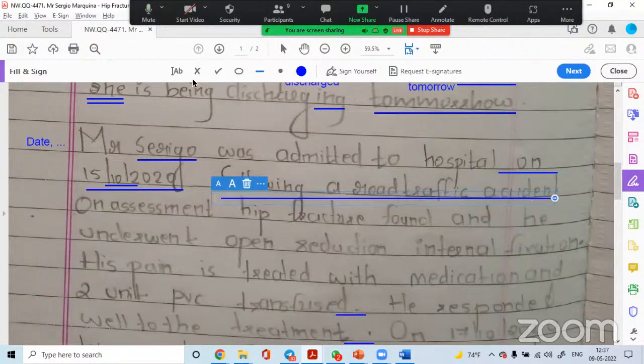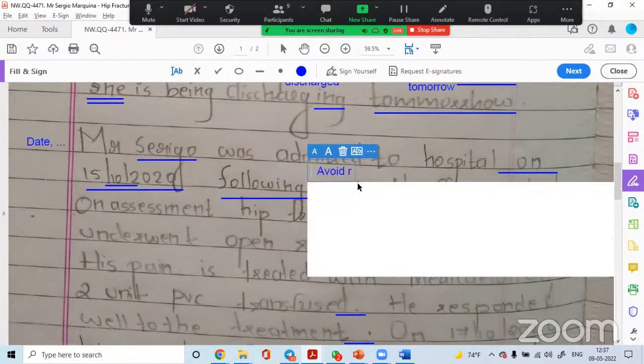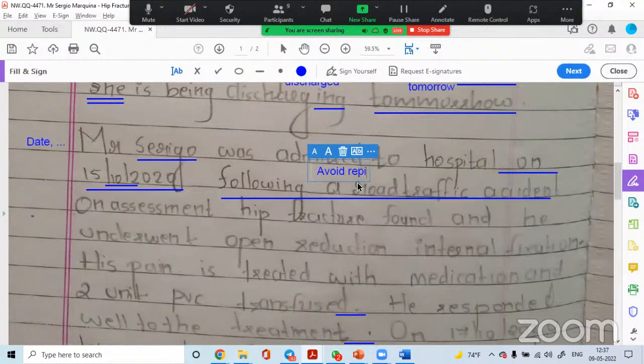This is called repetition. So avoid repetition. Avoid repeating the same things that were already told.